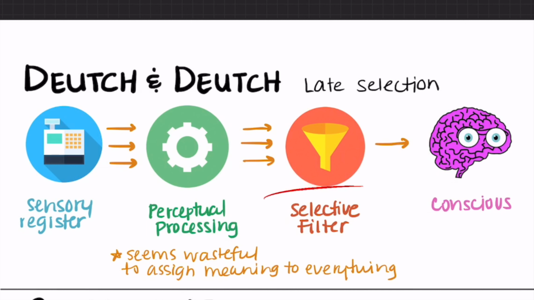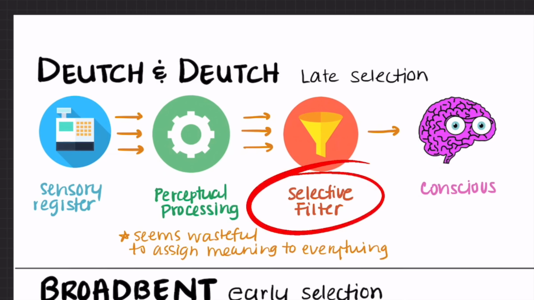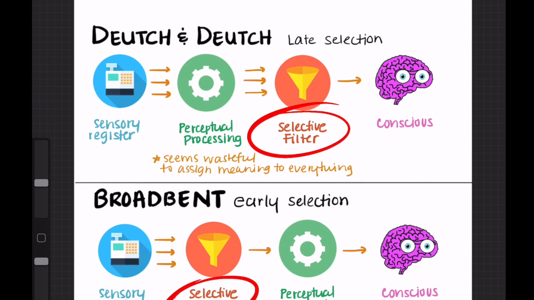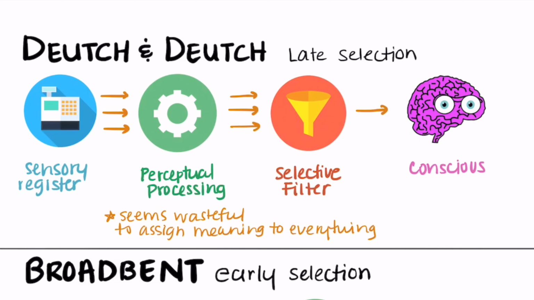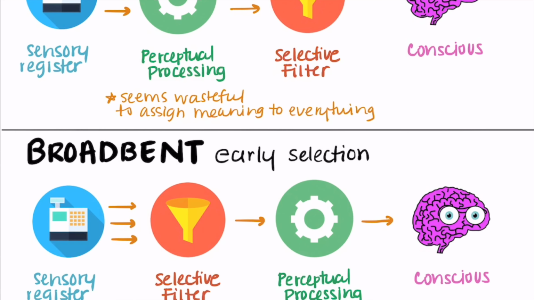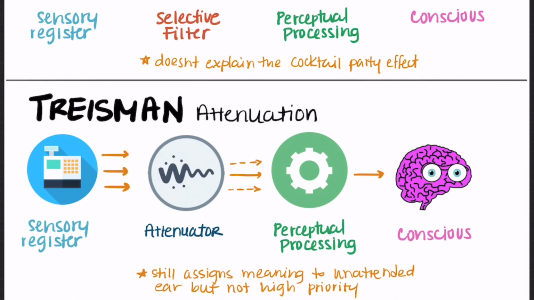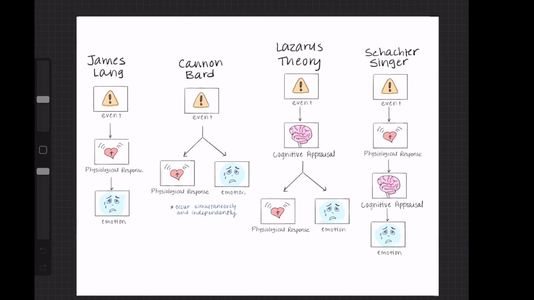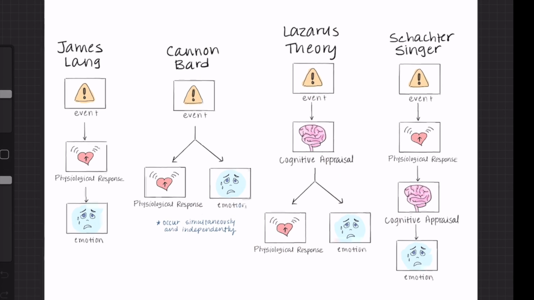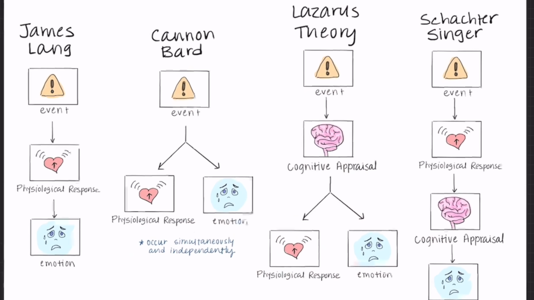You see it says late selection because the selective filter is coming later, after perceptual processing, whereas in Broadbent's, the selective filter is coming before. Now, I personally drew all of these, and I had a lot of fun doing it, but I always recommend doing something similar to this when trying to study the differences between different theories.